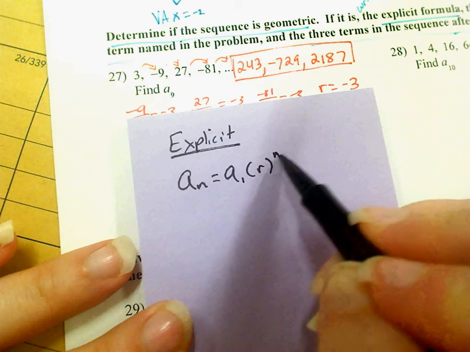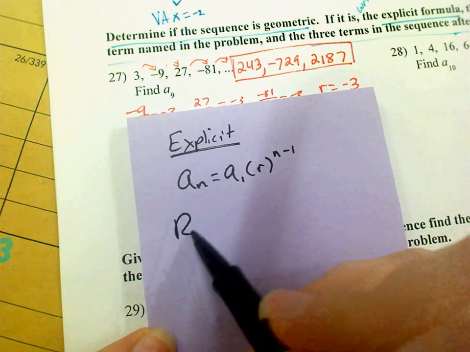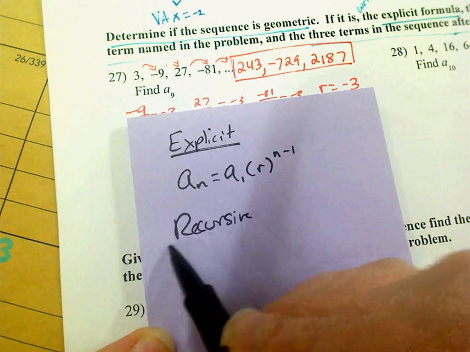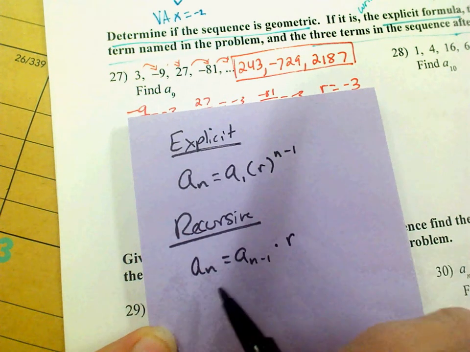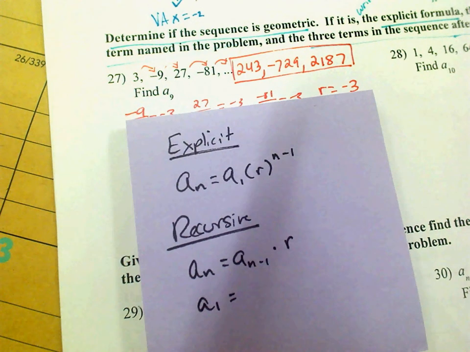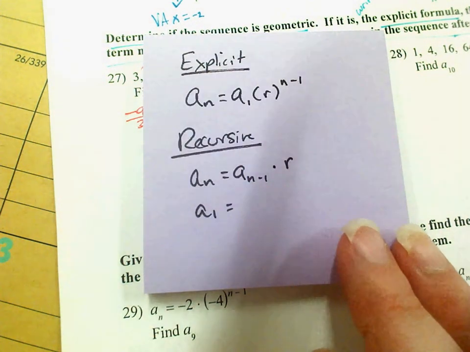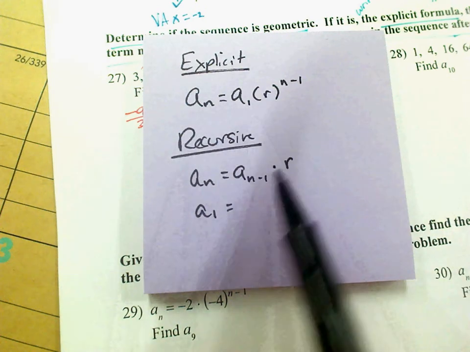And then the recursive formula is a sub n equals a sub n minus 1 times r with the starting point given. Okay? So depending on what we're writing, that's the things we need to fill in. You need to fill in the first term and the common ratio. Both things are needed. Okay?